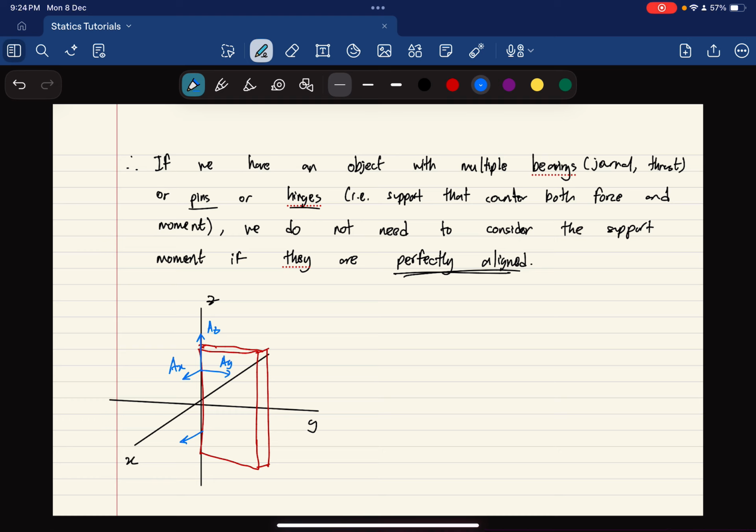Likewise, we would have here BX, BZ, and BY. So the hinges of the door are perfectly aligned, meaning there is no misalignment at all. The door is perfectly aligned, right?